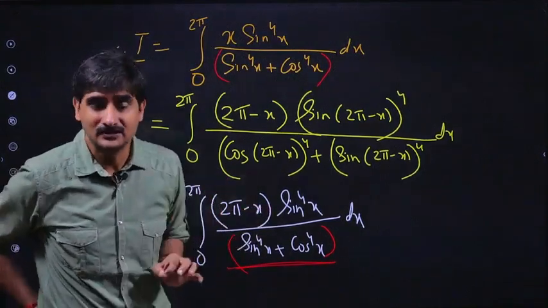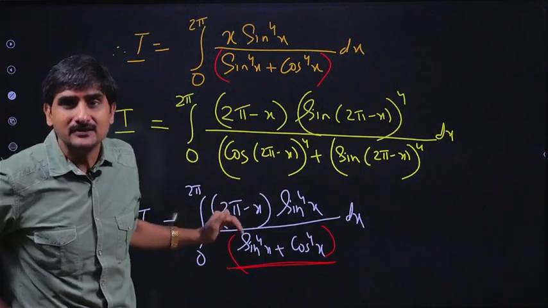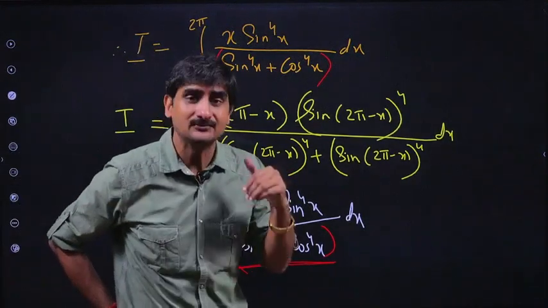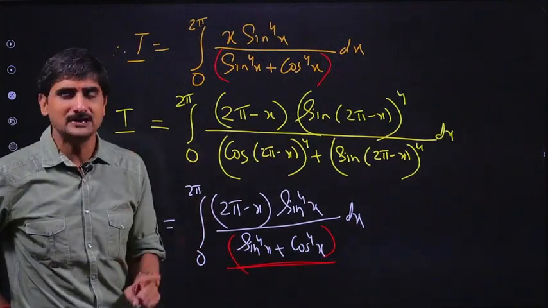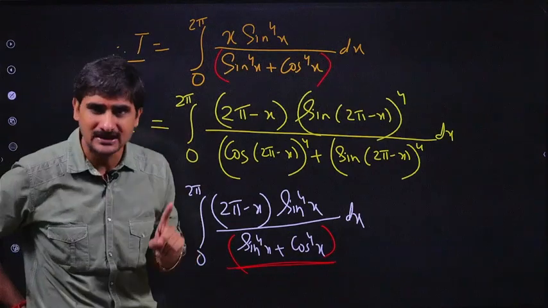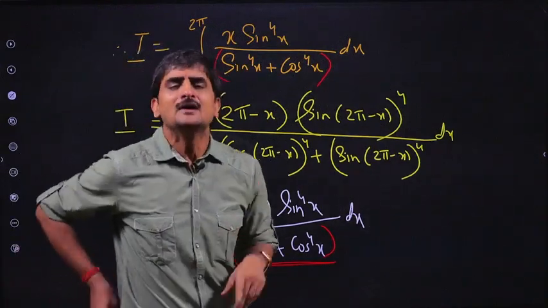Most of the times it will help. I am not saying if it doesn't happen we shouldn't apply. I am saying if it happens we should apply Bahubali property as the first attempt to solve that definite integral.